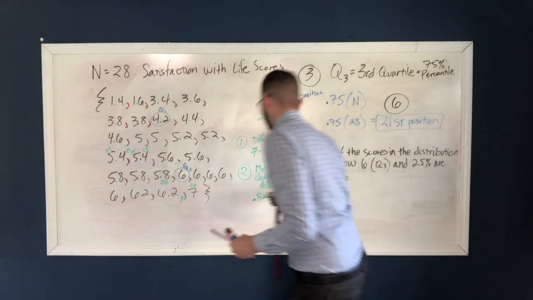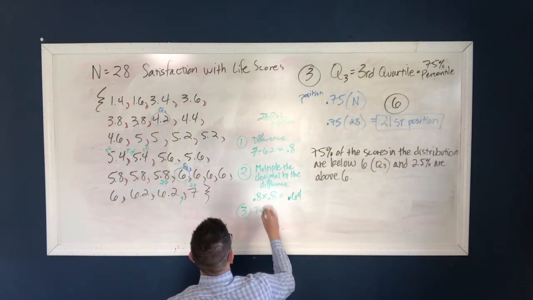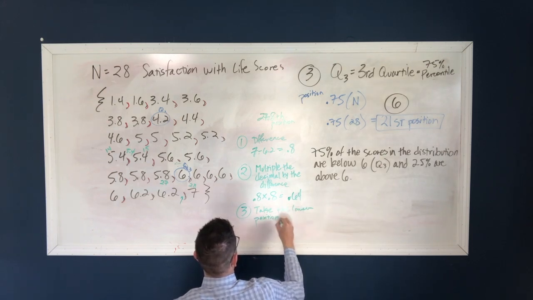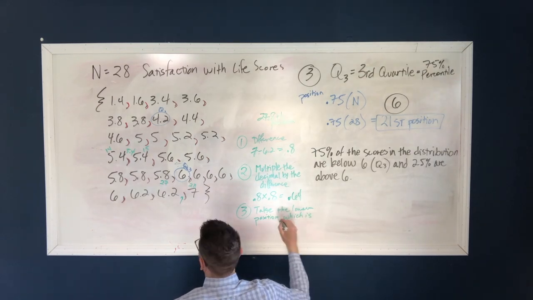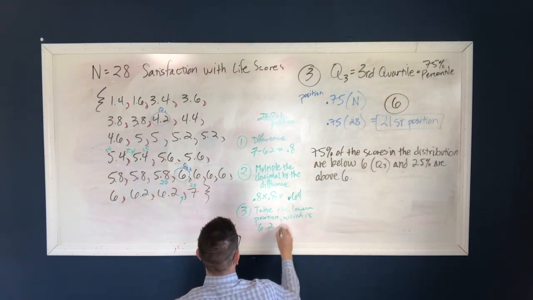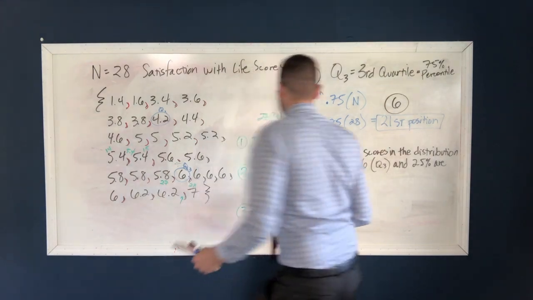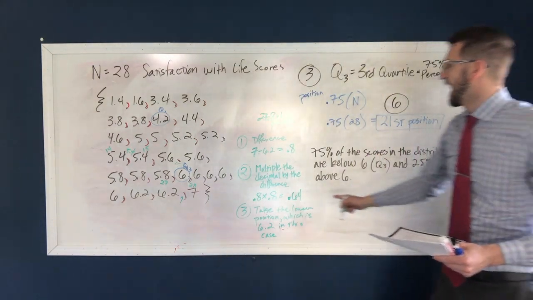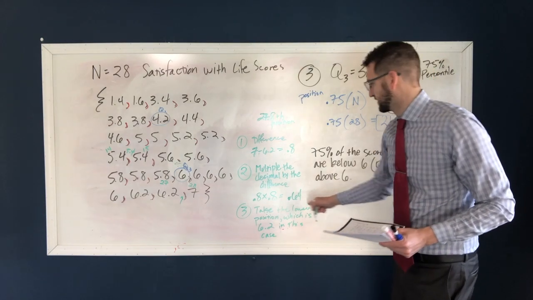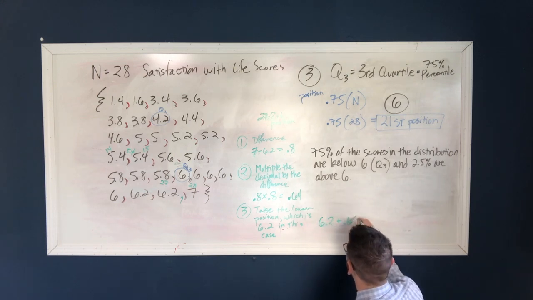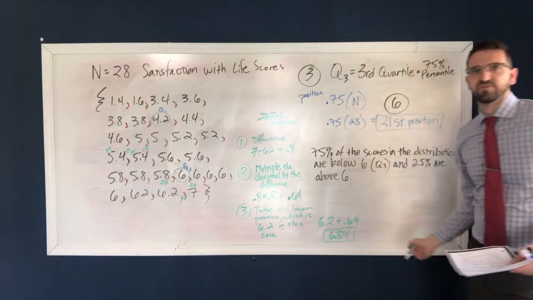So now what you do next is you take the lower position, which is 6.2 in this case, and then you add what you got in step 2. So it would be 6.2 plus 0.64. So in this case, your Q3 would be 6.84.